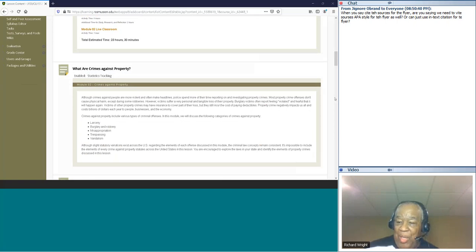You use in-text citations on the flyer and then use references at the end. Make sure you make your comments public to everyone, which I see you did in one. You want to have in-text citations for the flyer as well, okay?